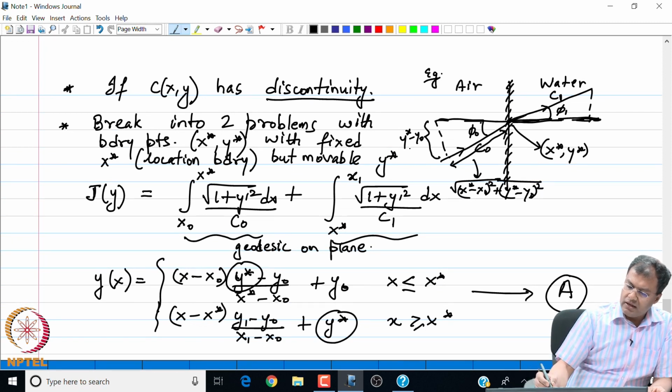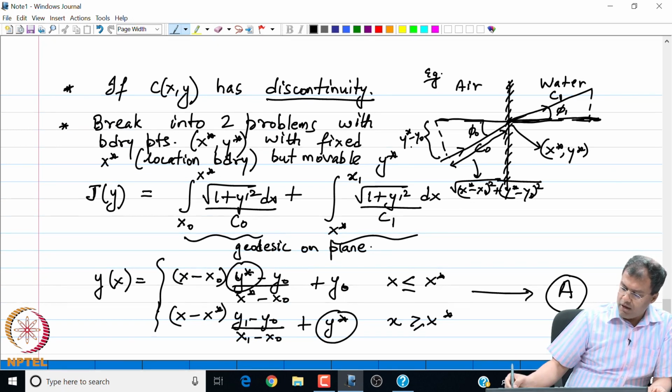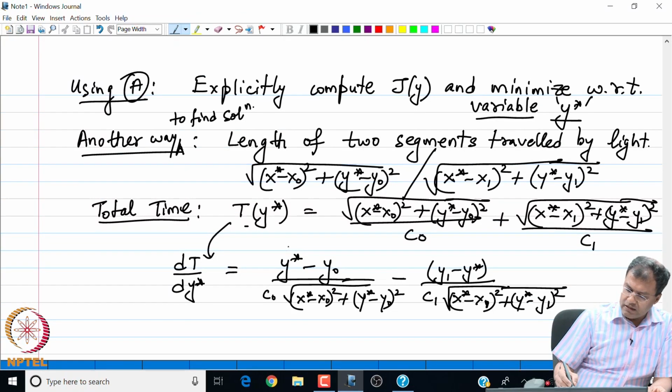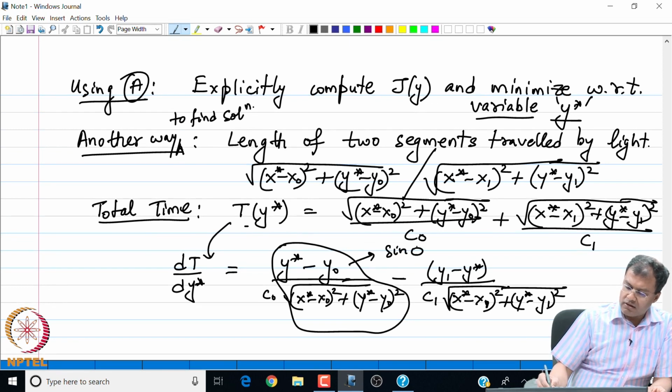Notice that this divided by this gives me the sine of this angle, sine of phi naught. Going back to our slide, this particular quantity which I have circled is nothing but the sine of the angle of incidence, sine of phi naught.